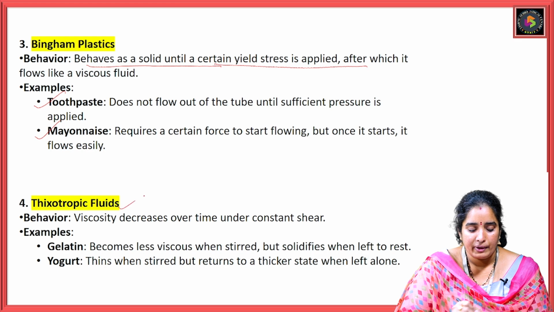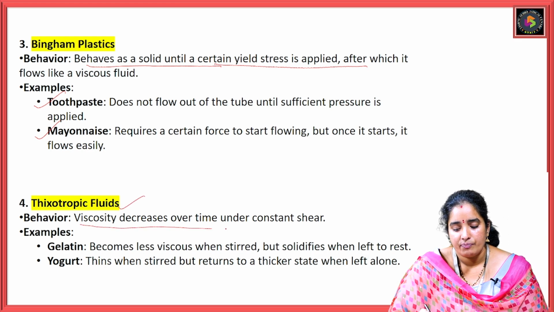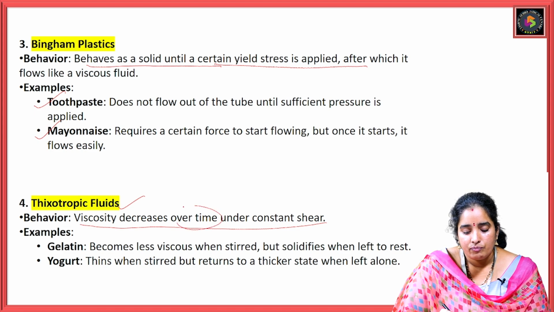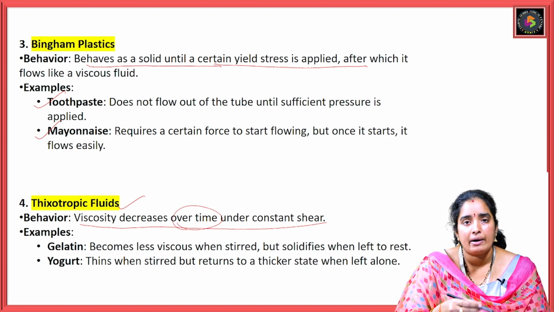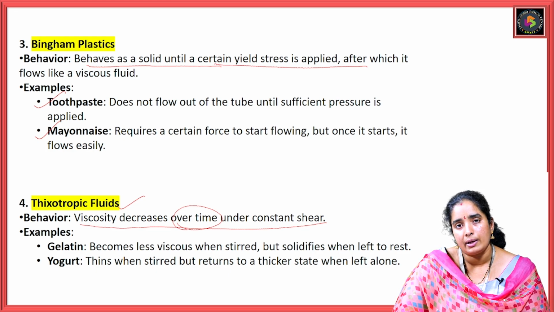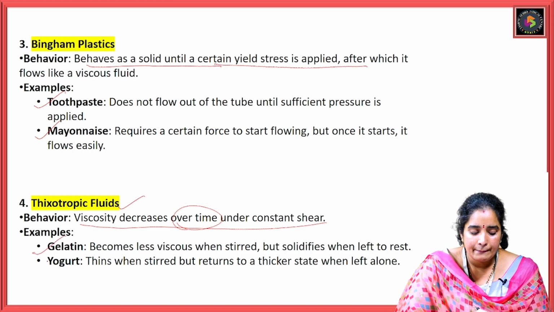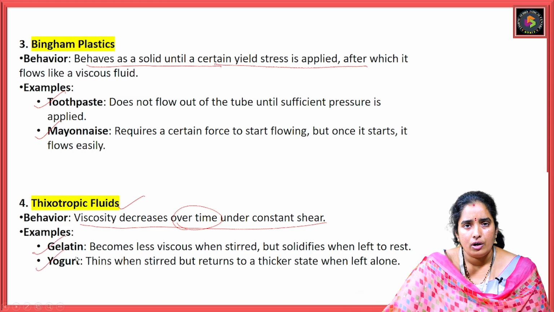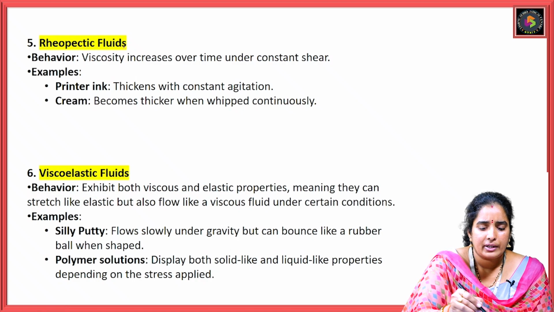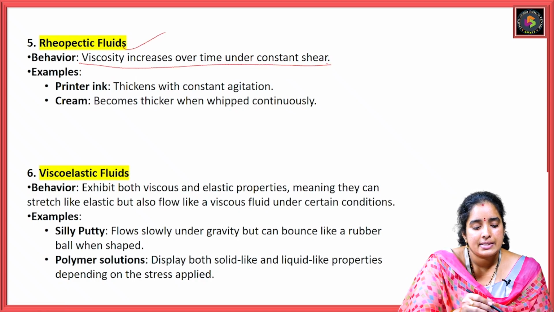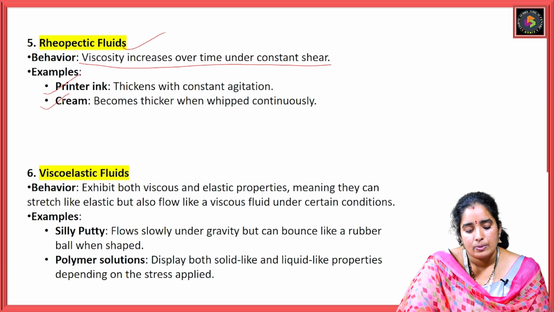Coming to thixotropic fluids, we already discussed: viscosity decreases over time under constant shear. Before those, we didn't discuss anything about time. Only the time dependent fluids are thixotropic and rheopectic. Examples: gelatin, yogurt. Rheopectic fluid: viscosity increases over time. Examples: printer ink, cream, etc.